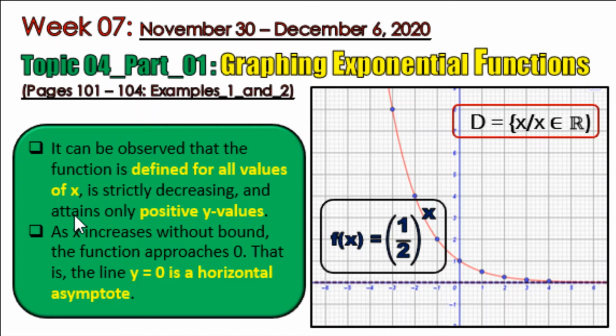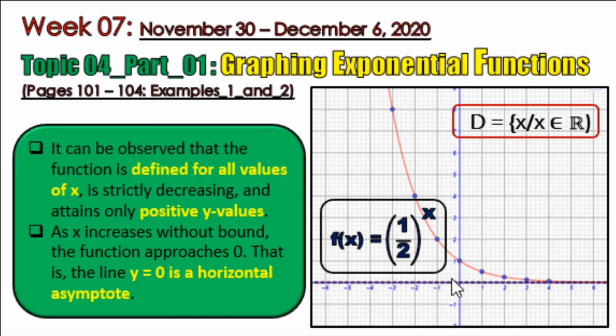Next, it attains only positive values of y. So if you can see, our graph will never cross your x-axis, and since it will never cross, the value of your y can never be negative. It can also never be equal to 0.